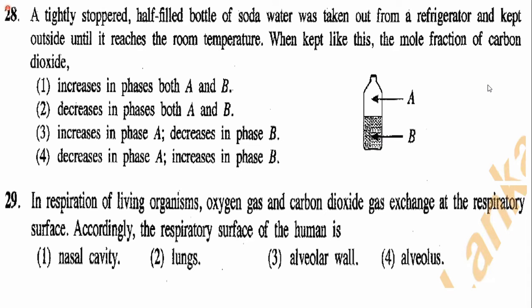So oxygen is transported through the blood by oxyhemoglobin, and carbon dioxide is also taken to the lungs as carboxyhemoglobin. Right, let's go to the next question.